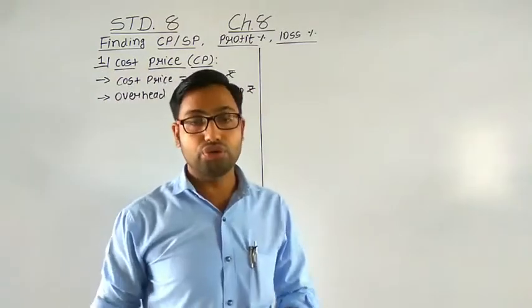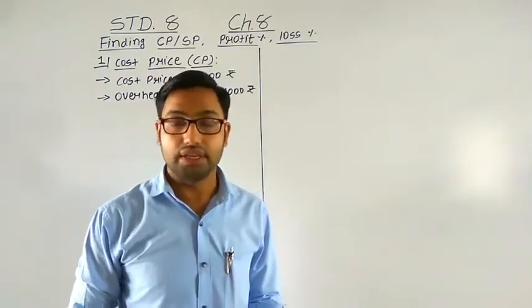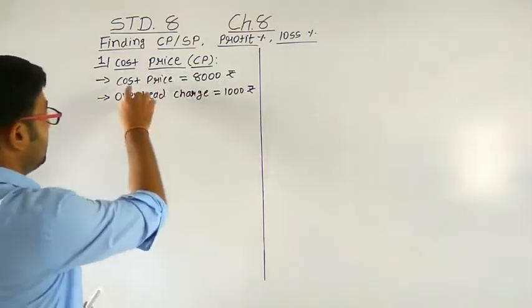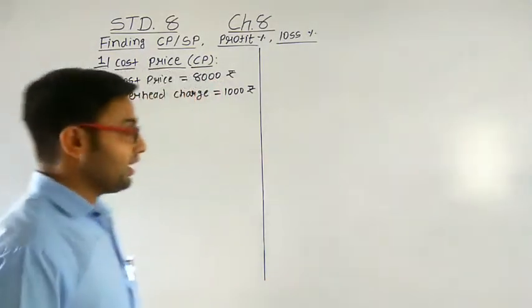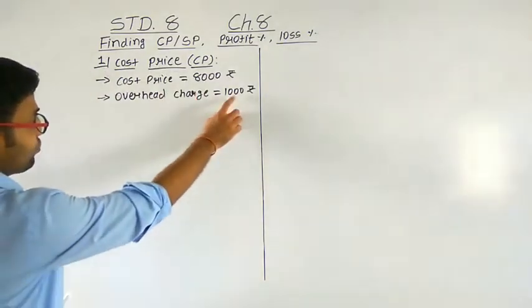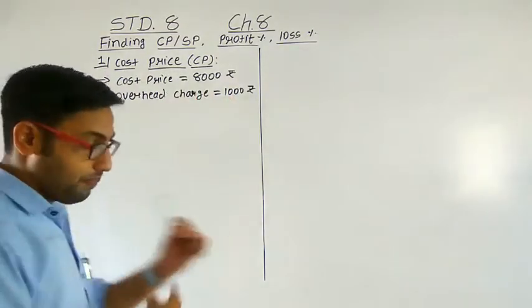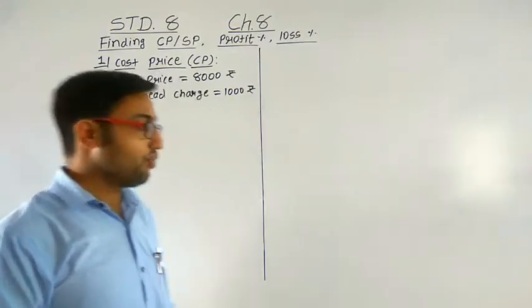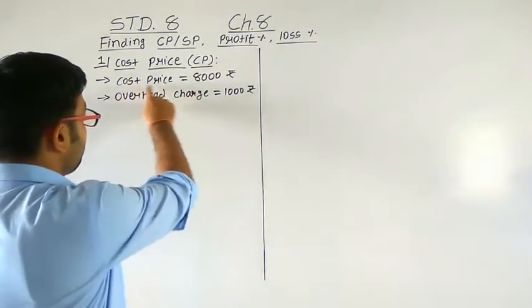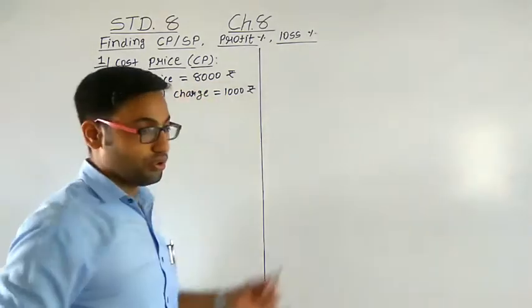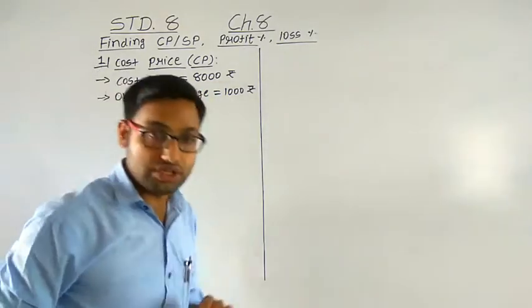And now you want to sell your TV. You bought the TV for 8,000 rupees. You paid an overhead charge of 1,000 rupees to repair it. Now if you want to sell it, the cost price is not 8,000. Your cost price has now changed.